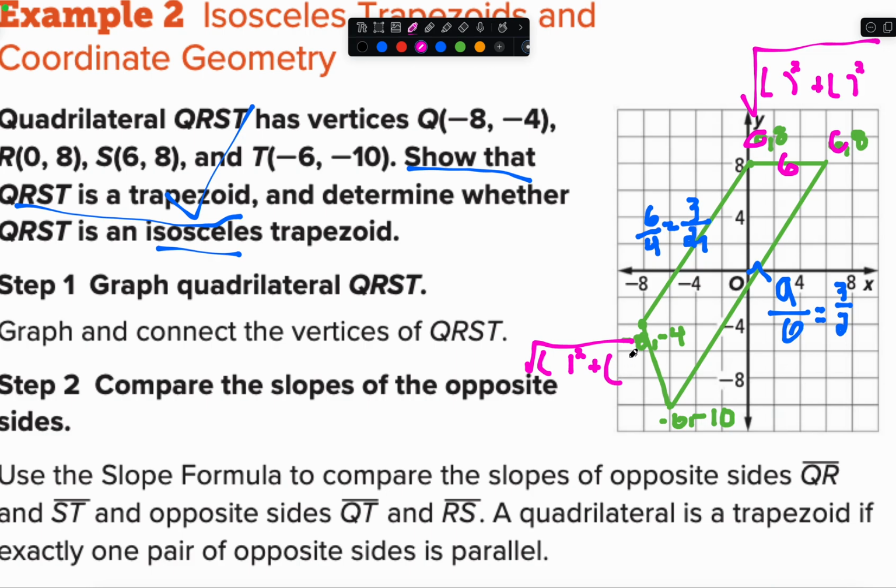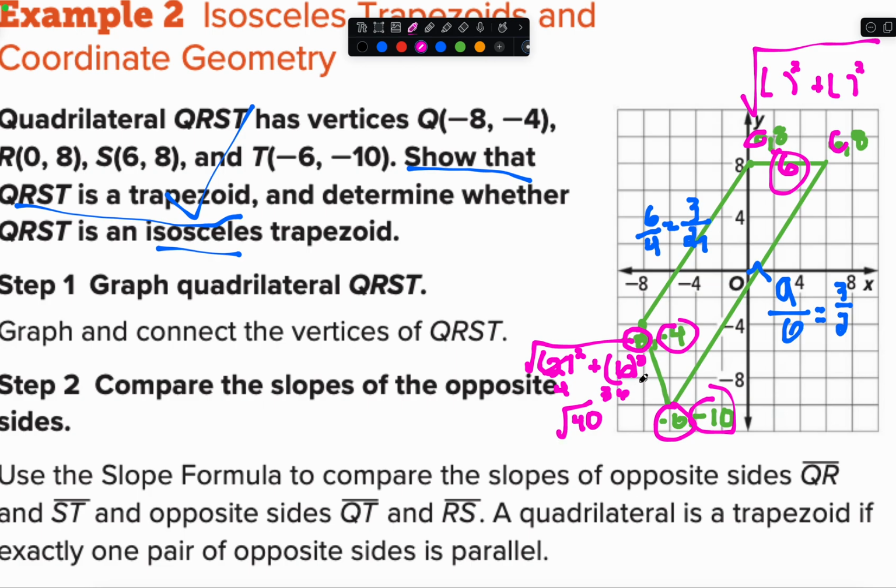Okay. This guy squared. All right, so here we're going from -8 to -6, which is 2. And then we're going from -4 to -10, which is 6. So 2 squared is 4, 6 squared is 36, and if I add those two together, that will be the square root of 40, which is not exactly the same as what 6 is, right?